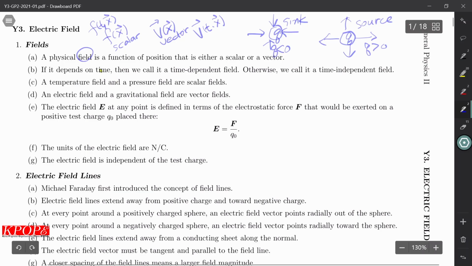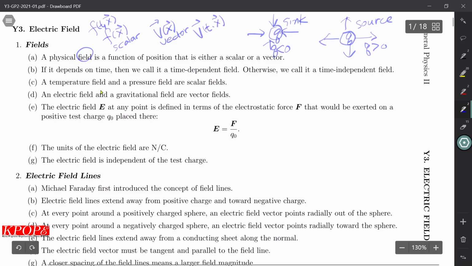If it depends on time, then we call it a time-dependent field. So this is time-dependent scalar field, and this is time-independent scalar field. Time-dependent vector field and time-independent vector field. Otherwise, we call it time-independent field.